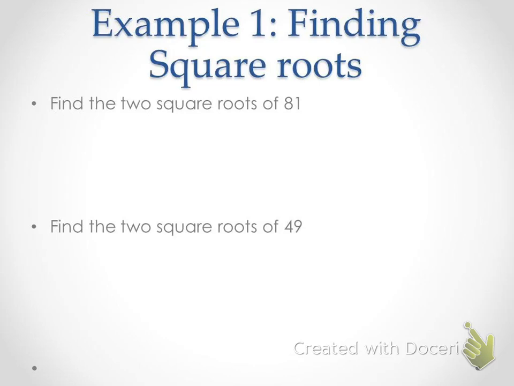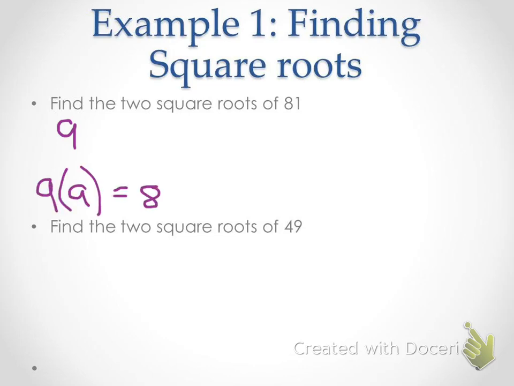You're going to have problems like this on your homework, quiz, and test, where it says find the 2 square roots of a number. Here's what I mean. We know that the square root of 81 is 9, because 9 times 9 is 81.